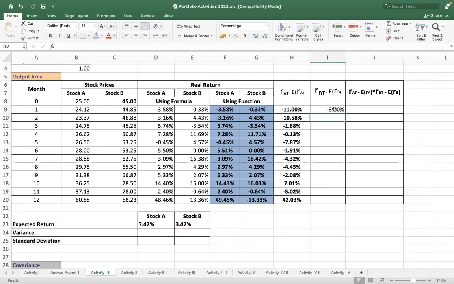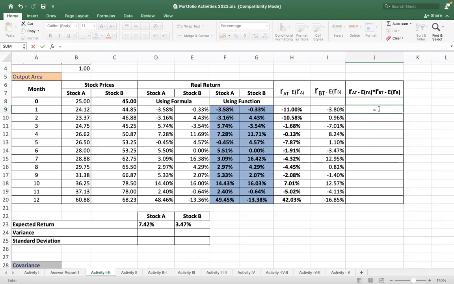Then press enter. I just mixed up the manual way and what we can use in Excel. So this is the way we are using the manual function.